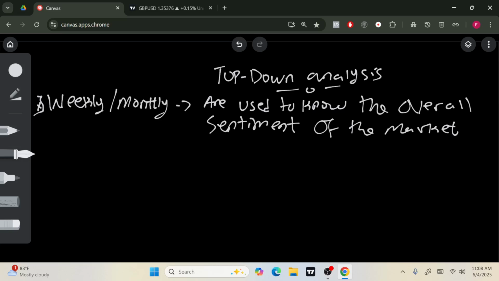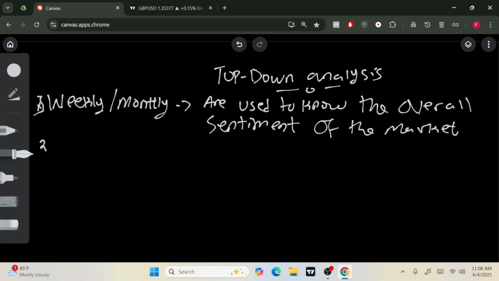You want to know if the market is moving up or coming down, that is, if it is moving in an uptrend or a downtrend, which is market structure. So market structure talks about the sentiment of the market. That is also the character of the market. Are we following?